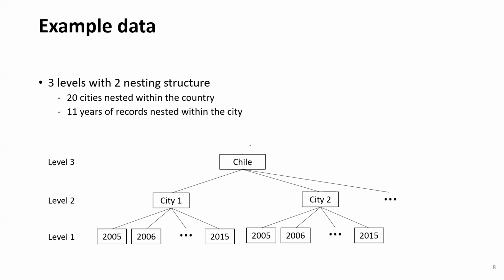Within the country, Chile, we have 20 cities, so they are clustered within the city. And we have data from 2005 up to 2015. So these data also are correlated and they are nested within each city. And this is the structure we have.